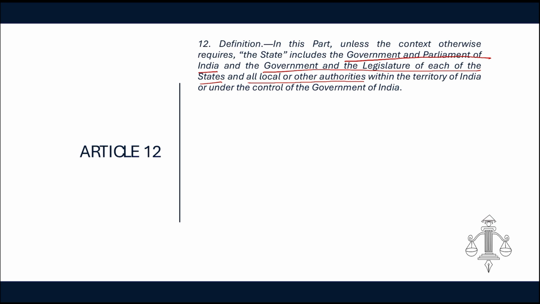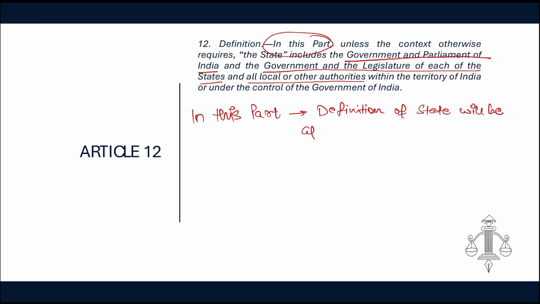The first thing that you can observe here is they have specifically mentioned "in this part". Now, what does this actually mean? What is the relevance of this? This means that the definition of state, which is given in Article 12, will be applicable to only Part 3 of the Constitution, right?